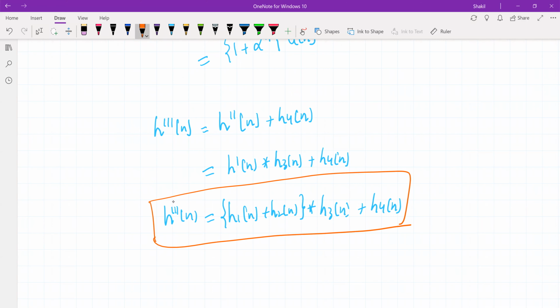So this is how we derived the overall impulse response of this system. These are some properties of convolution, in terms of system notation. Please solve further examples from your book.